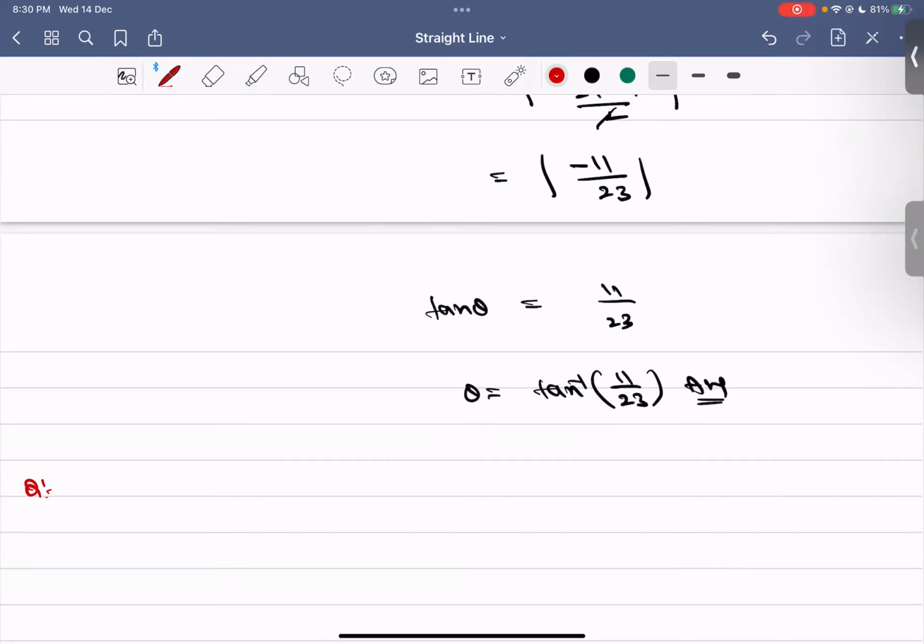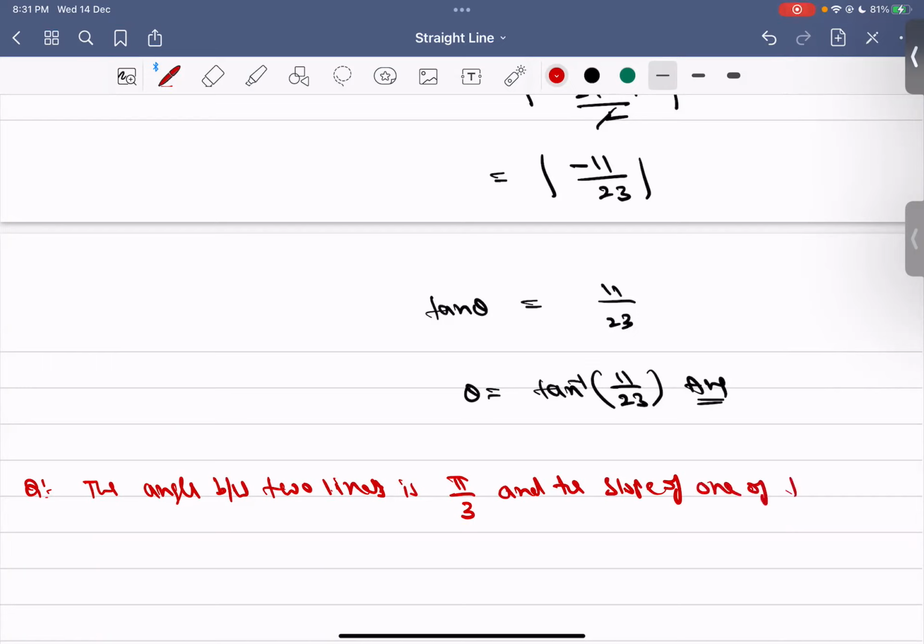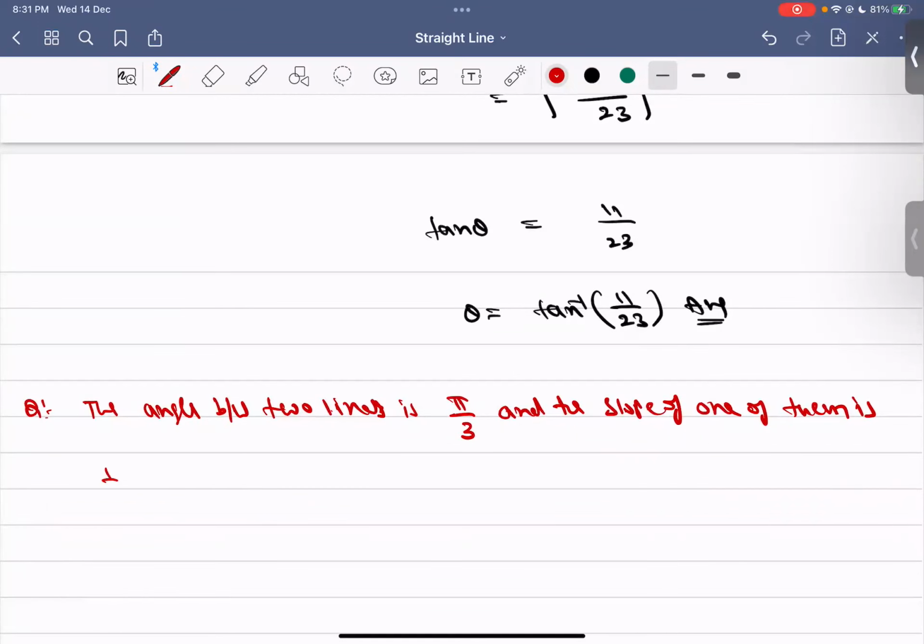The angle between two lines is pi by 3 and the slope of one of them is 1 by 3.